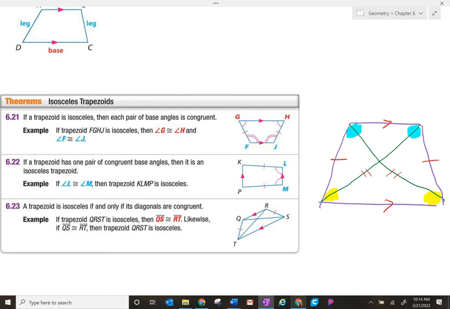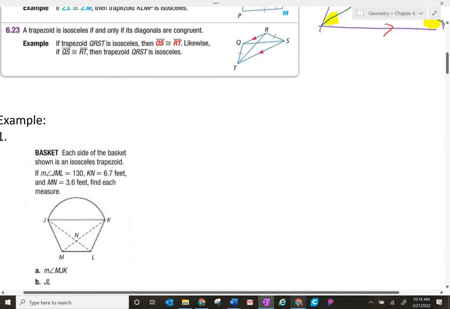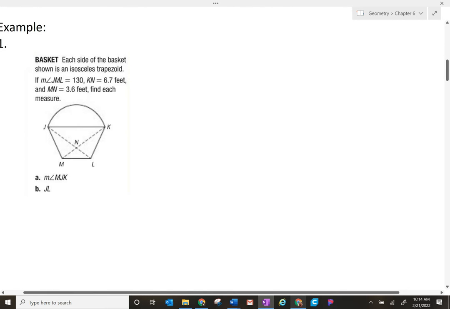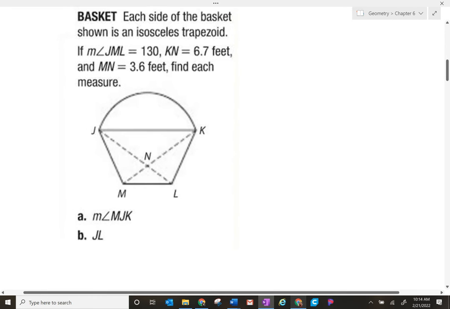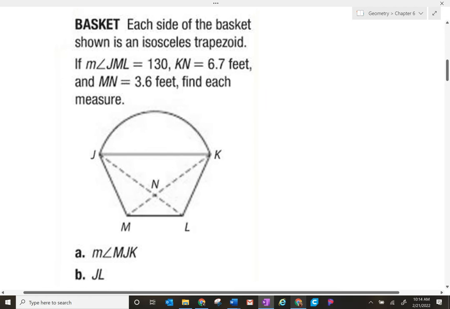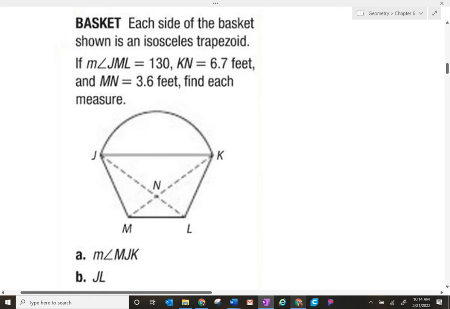Anybody need more time with that picture? Okay. So using that rule that we had, I'll give you a chance to draw the picture if you'd like to, and then I'll explain the whole thing.